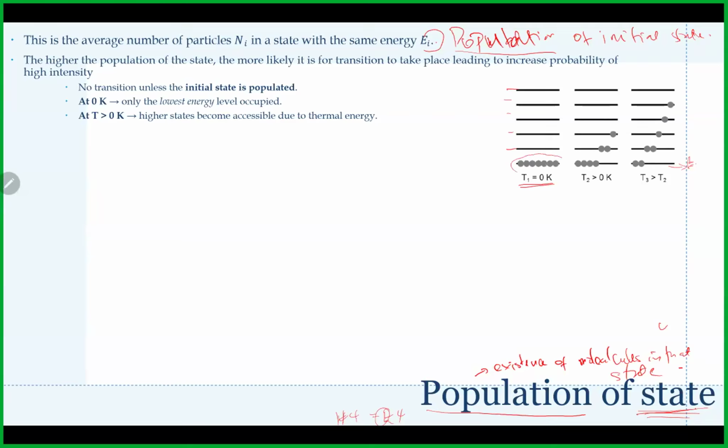And the moment you start increasing temperature, they have enough energy to populate higher states. So which means you can have a transition from here to here at this stage, but you cannot have a transition from here to here, regardless of whether you have the right energy or not.